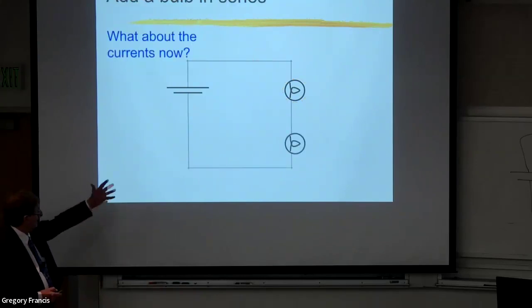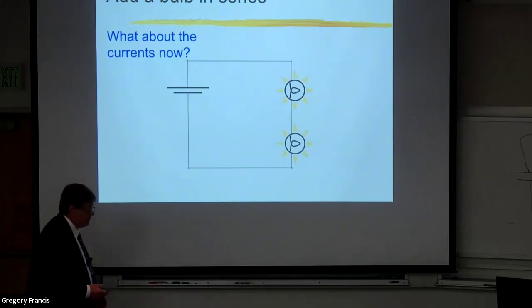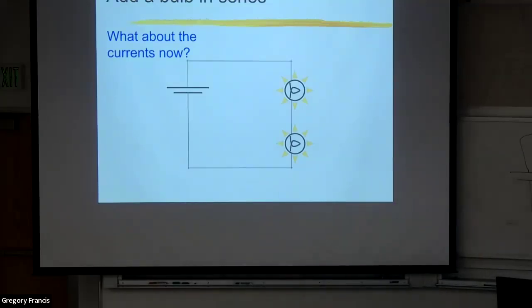Okay. Now, if I've got two bulbs in series, the current now is less. I find that those are less bright. If I go back to remind you, that's the brightness of a single bulb.